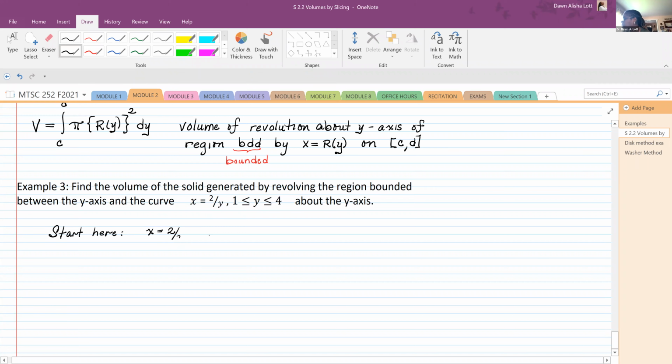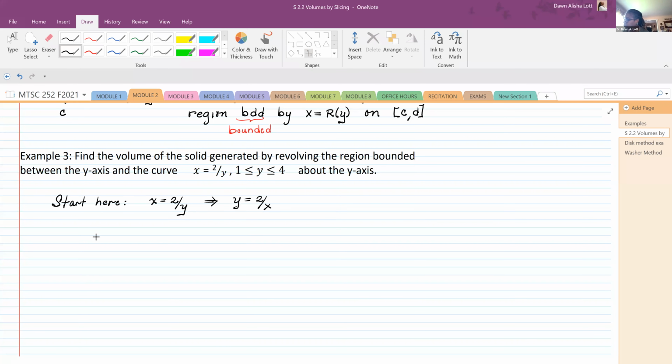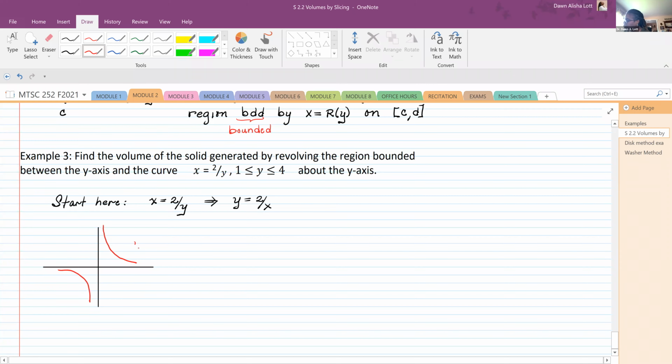So that implies that y is equal to 2 over x. Now y equals 1 over x looks like this. So that's y is equal to 1 over x.